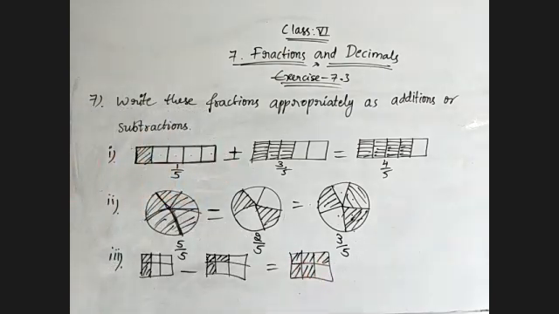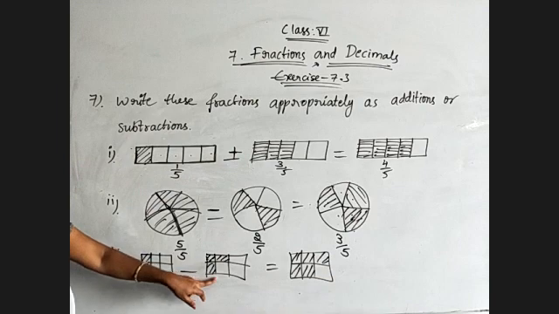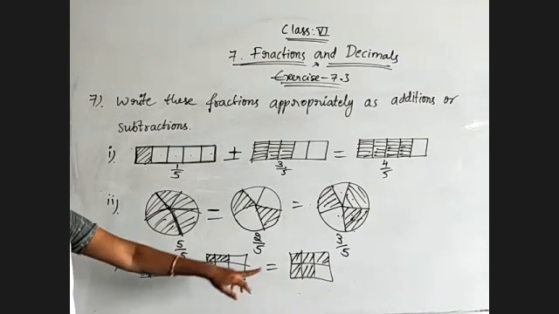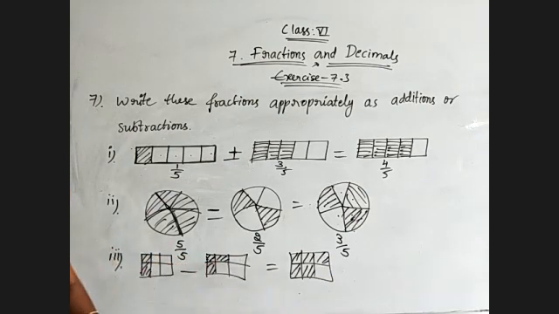Observe the rectangles. The first picture is divided into 6 equal parts. The second one is also divided into 6 equal parts. The last one is also divided into 6 equal parts. And for the first rectangle, 2 parts are shaded.